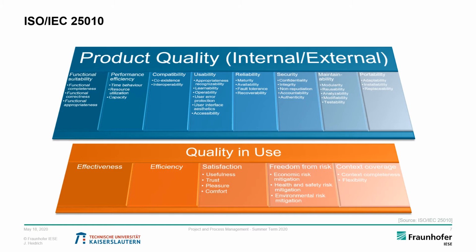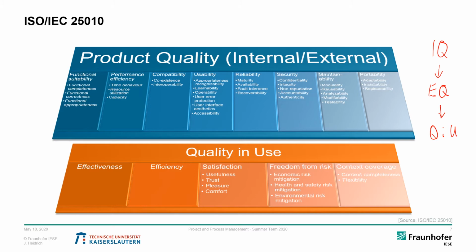If you remember our basic measurement learning module, we had that little figure that said we have the internal quality, which has an impact on the external quality, which in turn has an impact on the quality in use.